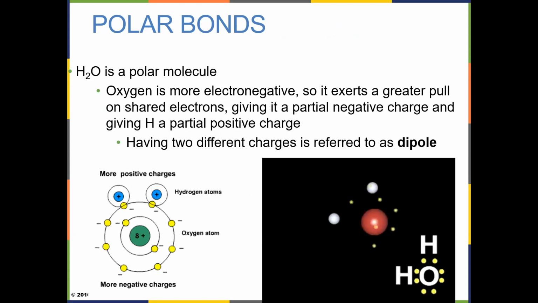Oxygen is what we say has greater electronegativity than hydrogen does. So it has a greater pull on its shared electrons, and pulls them down towards the nucleus of the oxygen atom. So we get this elliptical shaped orbit of those electrons. And they spin around the nucleus of the oxygen atom.